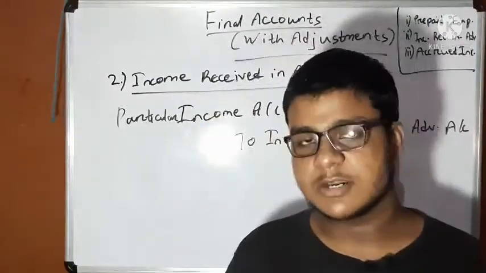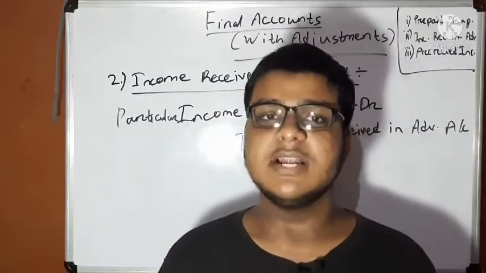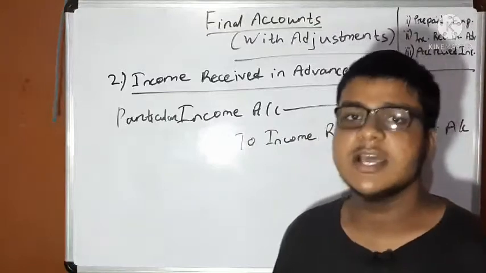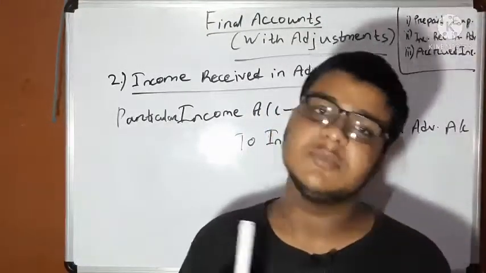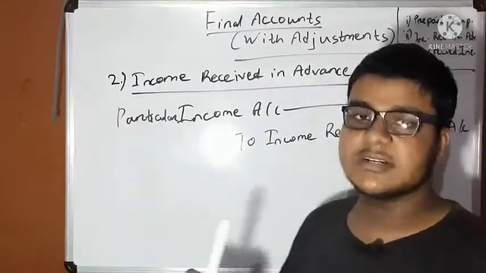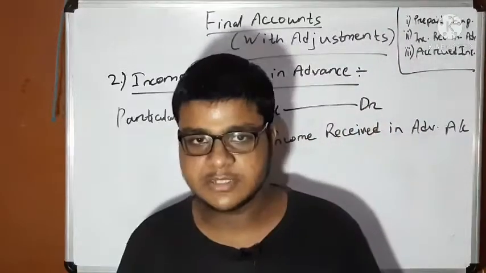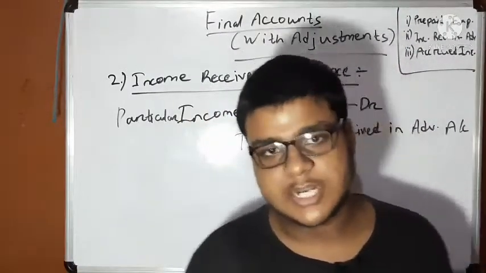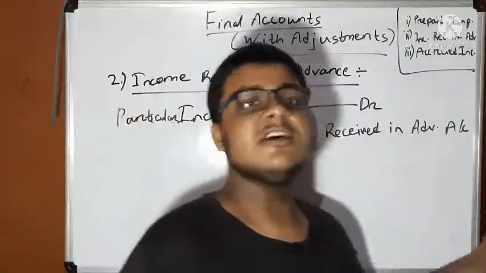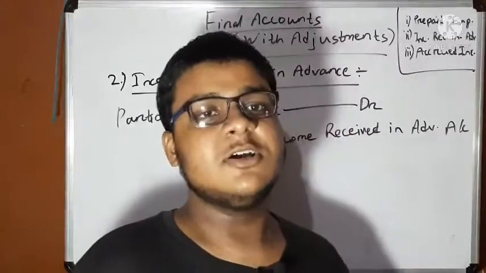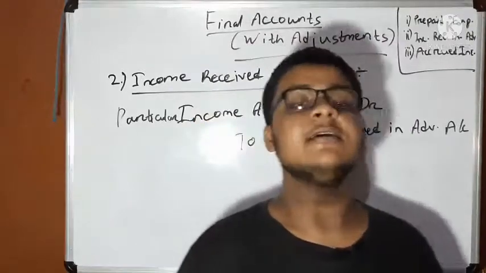It is to be recorded on the credit side of the profit and loss account. So in the credit side of the profit and loss account, that particular income is recorded, and from that income the income received in advance is deducted to find out the net income for the current accounting period.